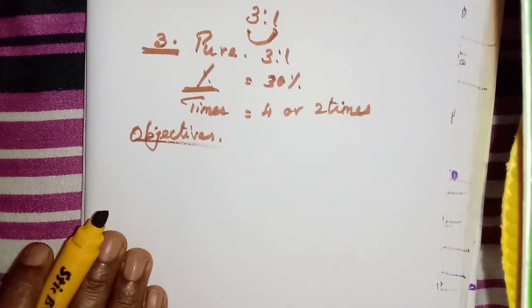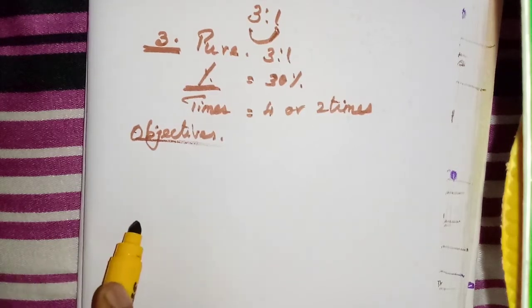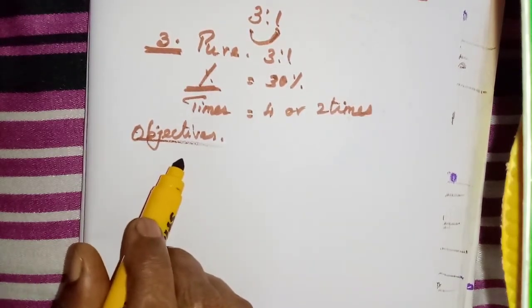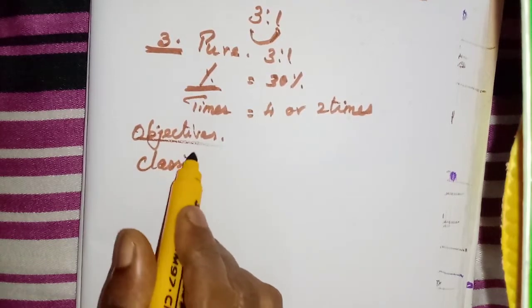Inter-firm means items between 2 or 3 organizations, firms, can be compared. Intra-firm means within the firm, different departments can be compared.